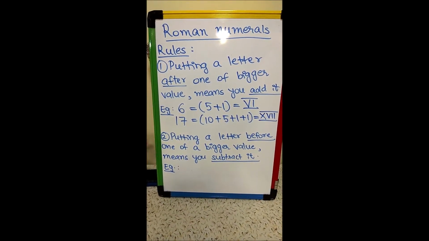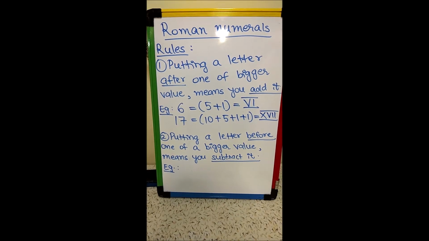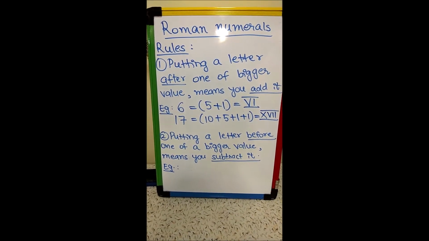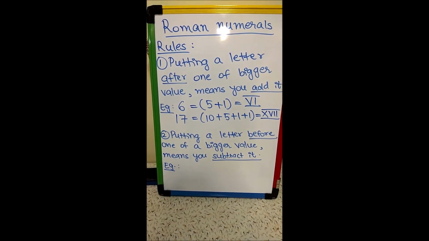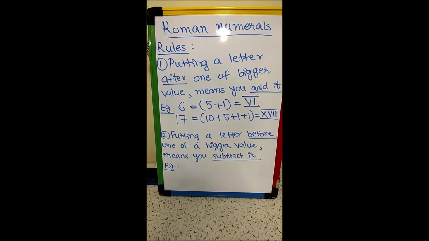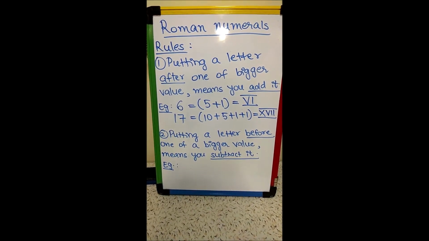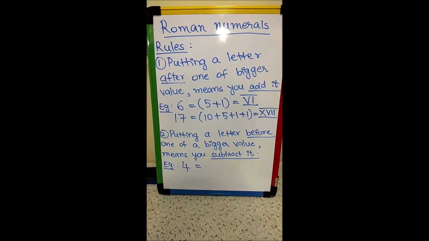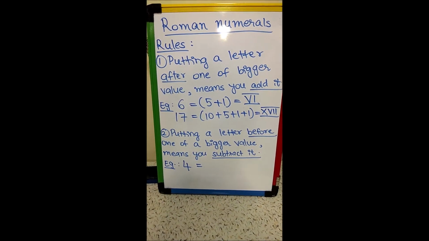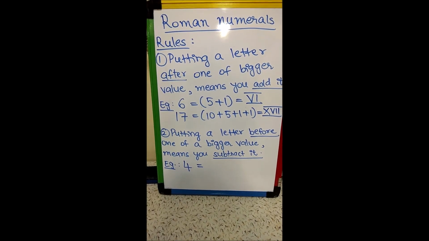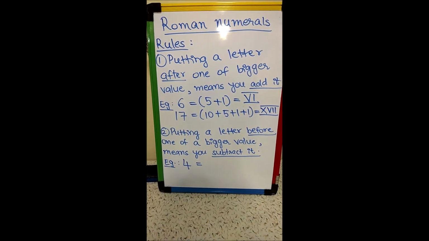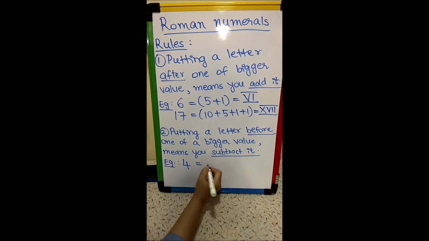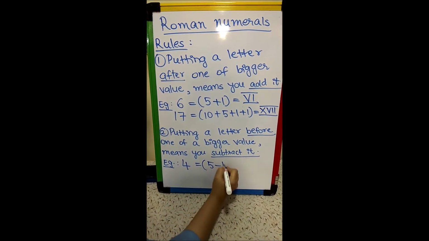The second rule is putting a letter before one of the bigger value means you subtract it. So when our first letter is smaller than the second letter, we have to subtract it. For example, how to make the Roman of 4? We do not have a separate Roman of 4, so we will use 5 minus 1, as we have the Roman of 5 and of 1.